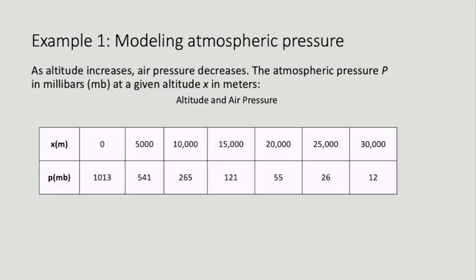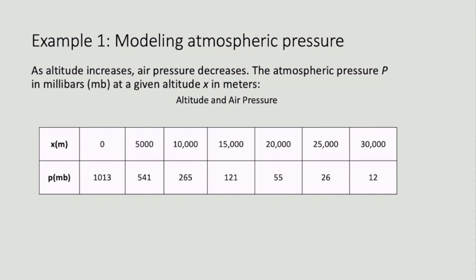So we're going to walk through 3 examples. The first example is about modeling atmospheric pressure. The information that's given is the altitude in meters and then the pressure in millibars.